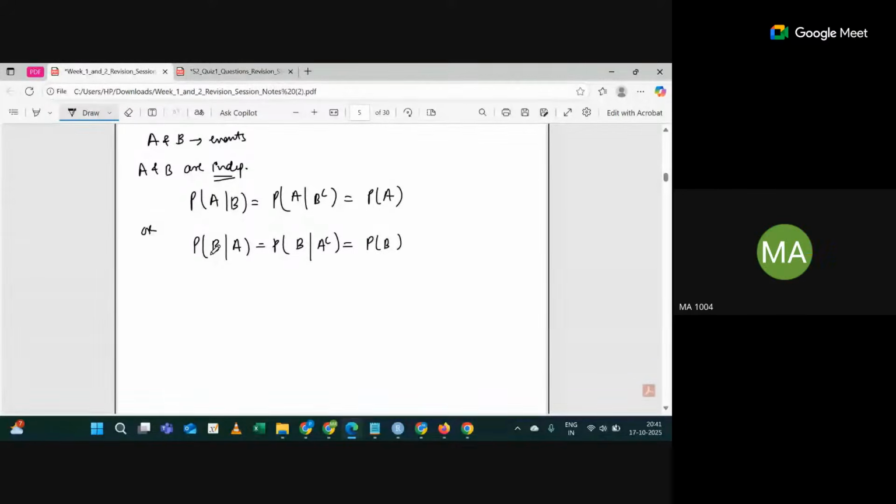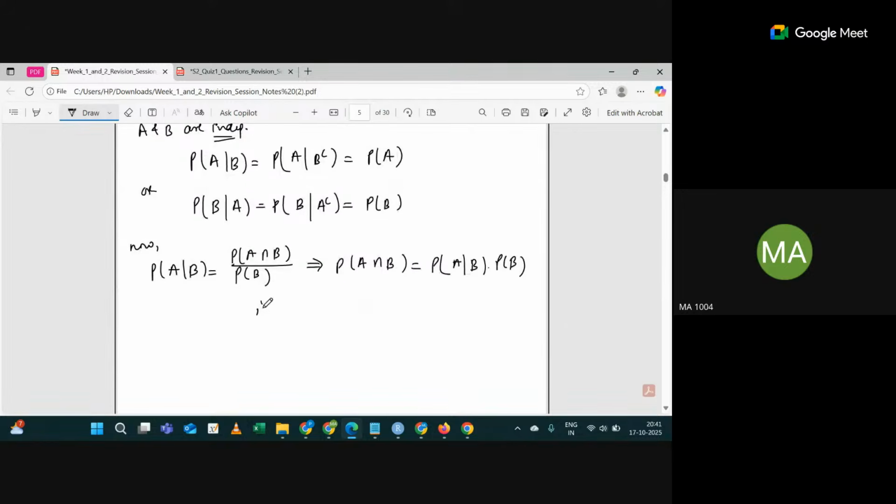Now, the conditional probability formula is: probability of A given B is nothing but probability of A intersection B divided by probability of B. Yes or no? From here, can I write probability of A intersection B is equal to probability of A given B into probability of B?